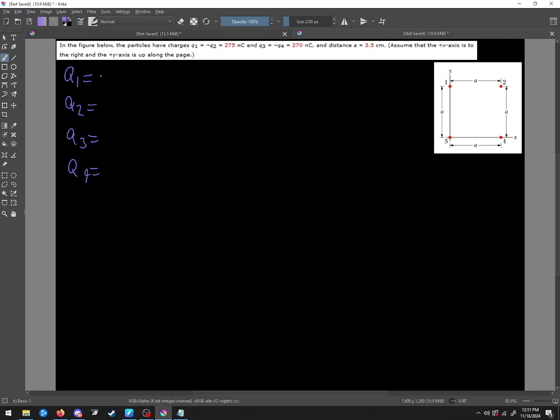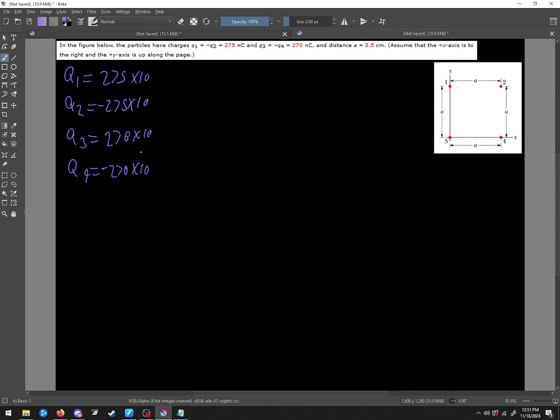Q1 equals negative Q2, so we're going to have 275 times 10. This is going to be negative 275 times 10. This one's going to be 270. This one's going to be negative 270.